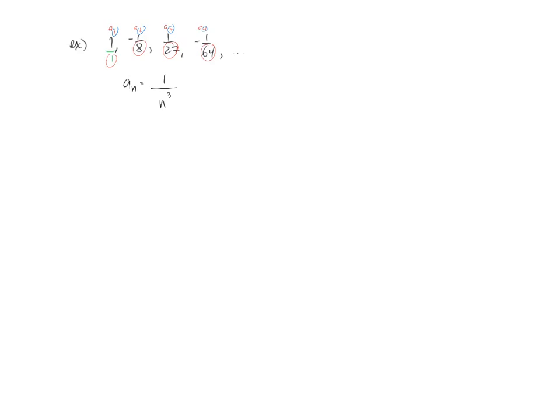And then the third part would be the alternating signs. For sequences, there are two different alternators. The alternator's only purpose is to alternate the sign. You can have an alternator that looks like this, or you can have an alternator that looks like that. Now remember, we're starting here at n equals 1.